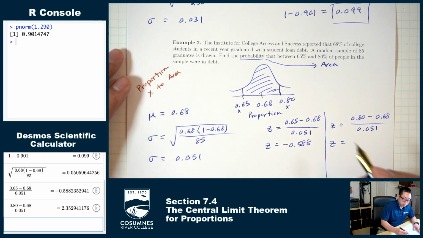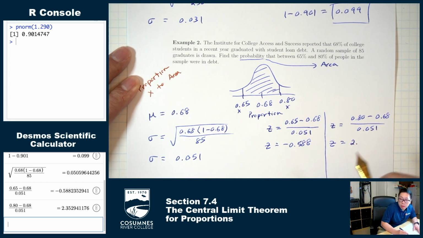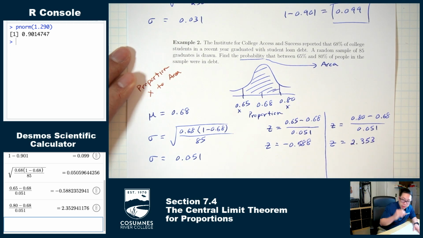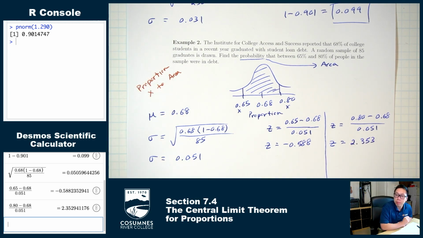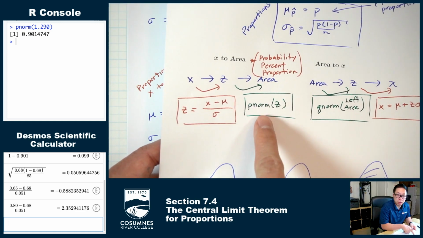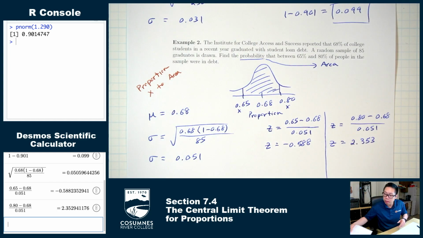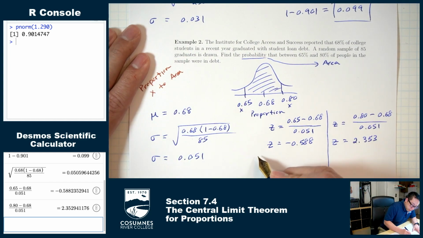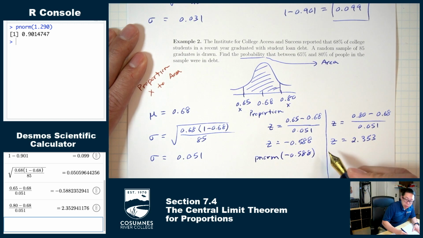And that's 2.353. Once again, round these intermediate steps to 3 decimal places. I have my z's. Now I need to go from z to area by doing pnorm for both my z's. So pnorm negative 0.588, and then pnorm 2.353.